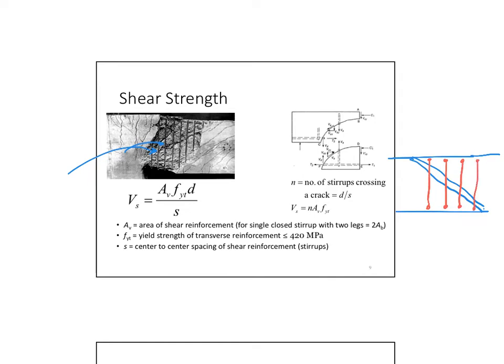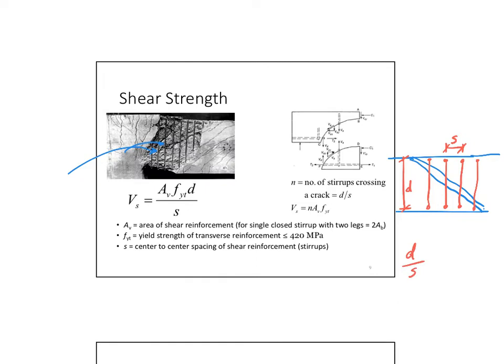If I consider the spacing between each stirrup and the next stirrup to be S, and I consider this to be my d over here, then the number of stirrups that will be involved in this crack will be equal to d divided by S. Why is this?